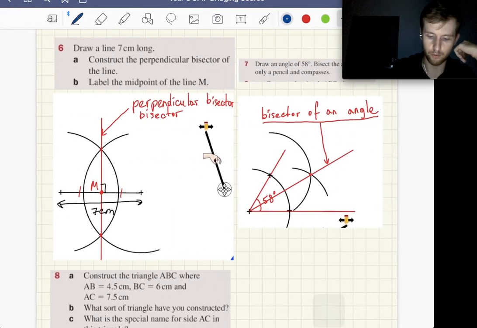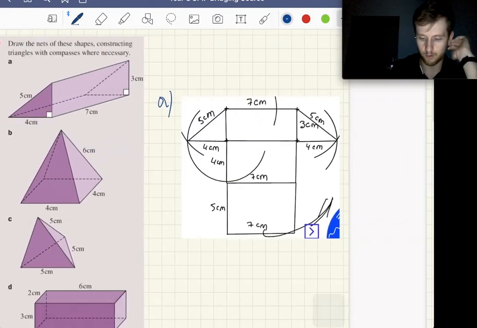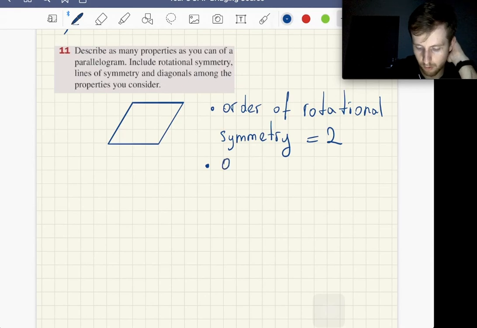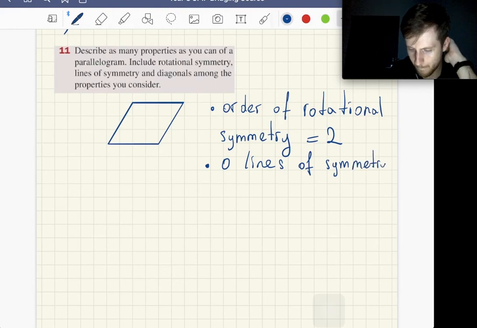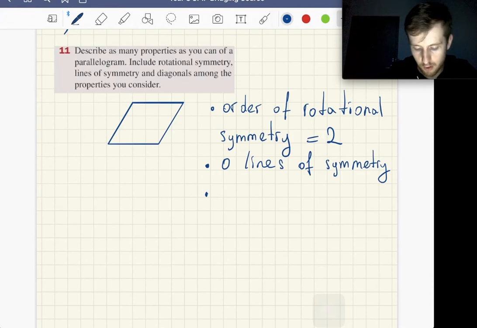Lines of symmetry, as I told you in lesson 3, we can go back to this table. A parallelogram has 0 lines of symmetry. There is no symmetry whatsoever. And diagonals, another property that is good to remember, to memorize.